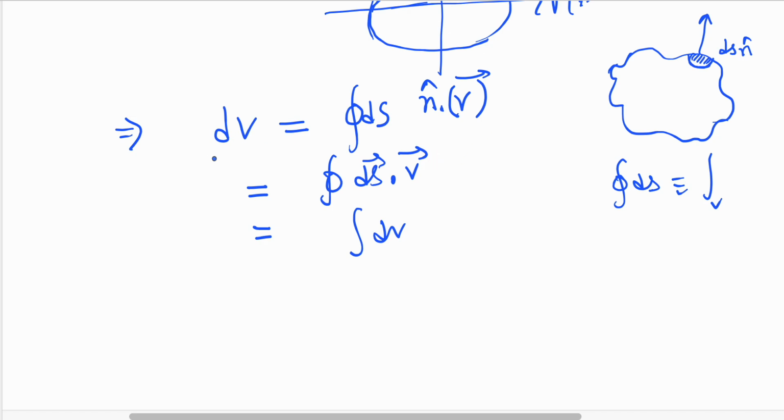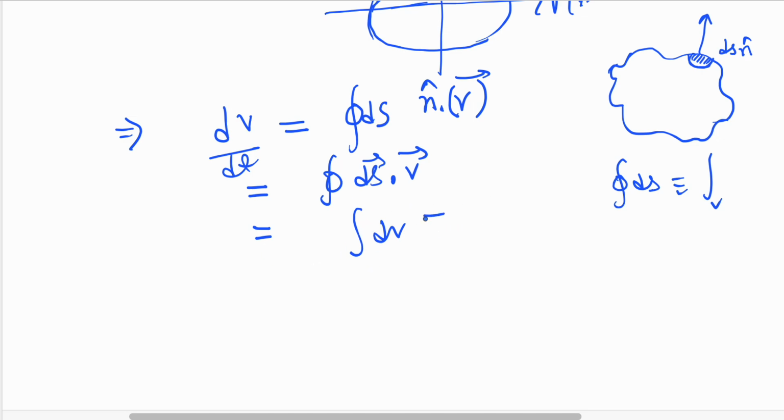So this is dV dt, the change in the total volume with respect to time. We have to integrate with differential volume.